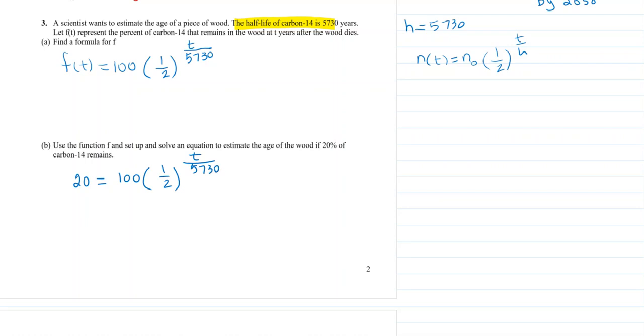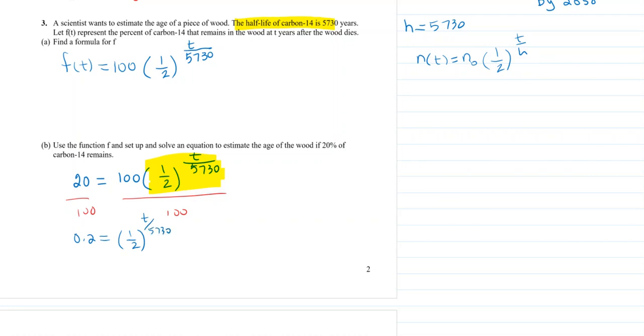So it's an exponential equation because there's a t in the exponent. I have to isolate that exponential factor. So I have to get rid of that 100. We'll divide both sides by 100. 20 divided by 100 gives us 0.2 equals 1/2 to the power t over 5730.